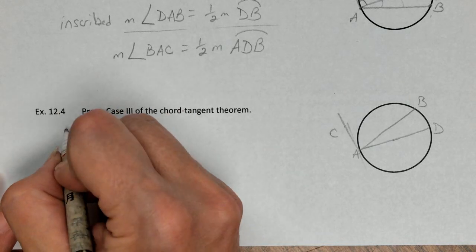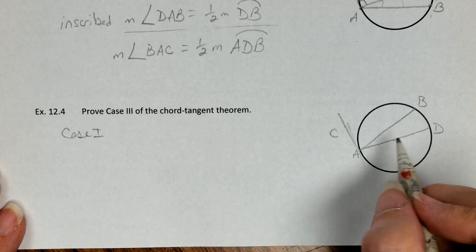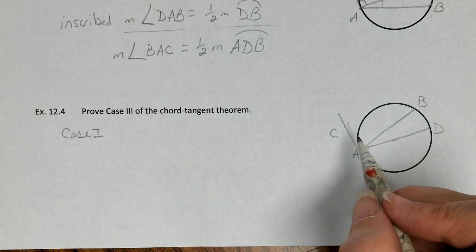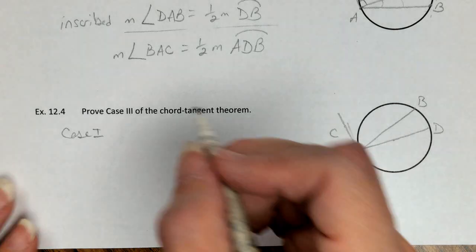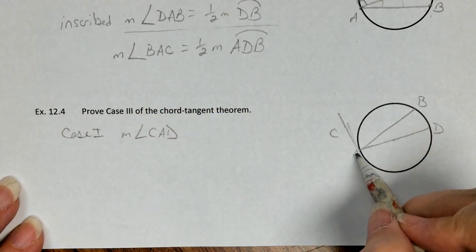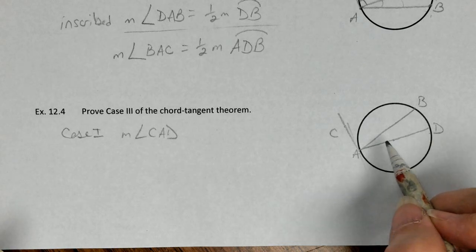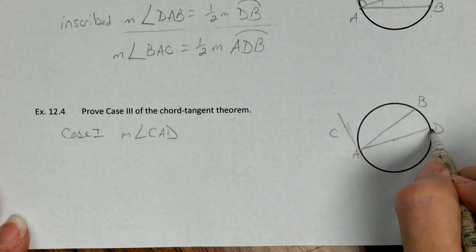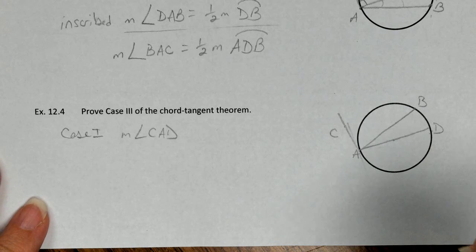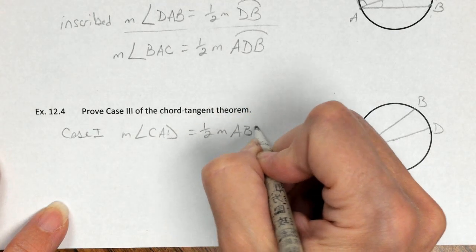So from case 1 again, we know that the measure of angle CAD, this is from case 1, it's a 90-degree angle. It is half of that arc ABD, half the measure of ABD.